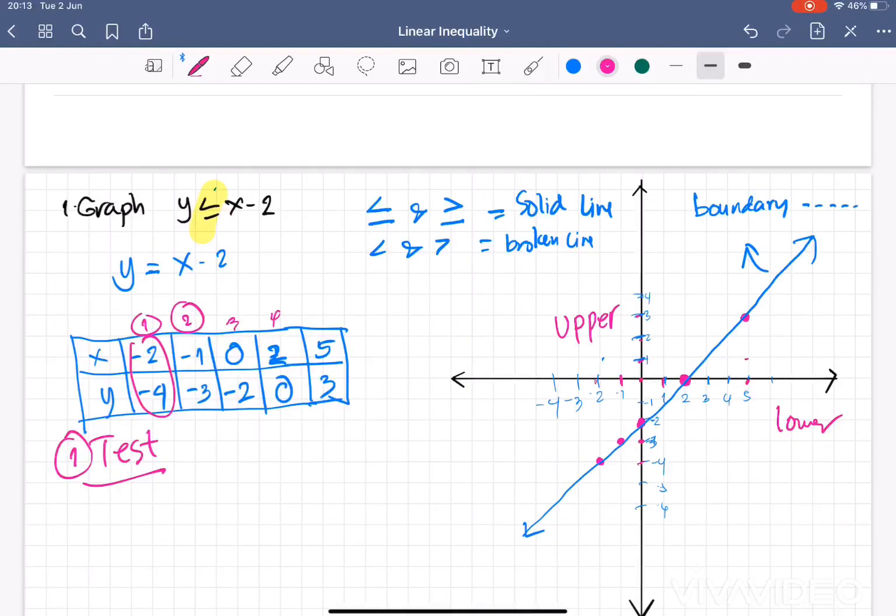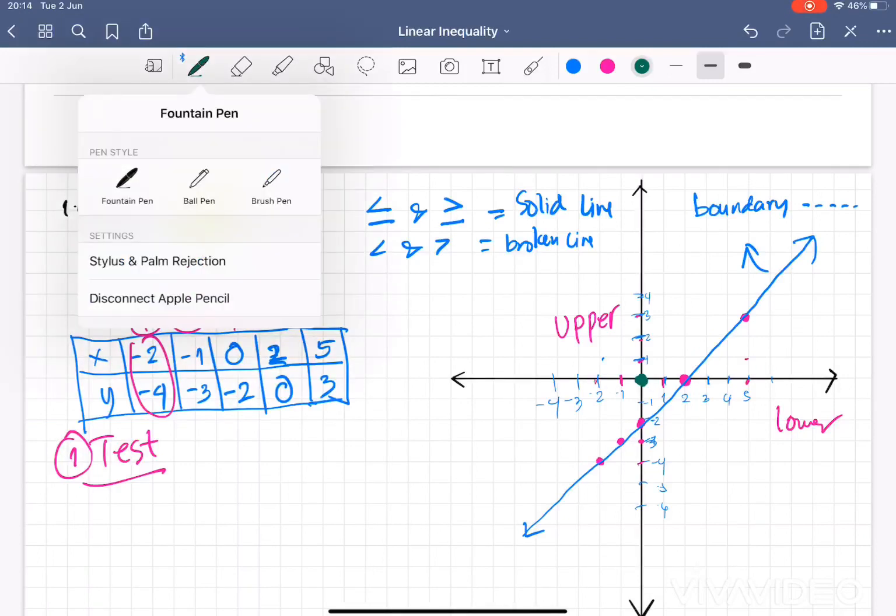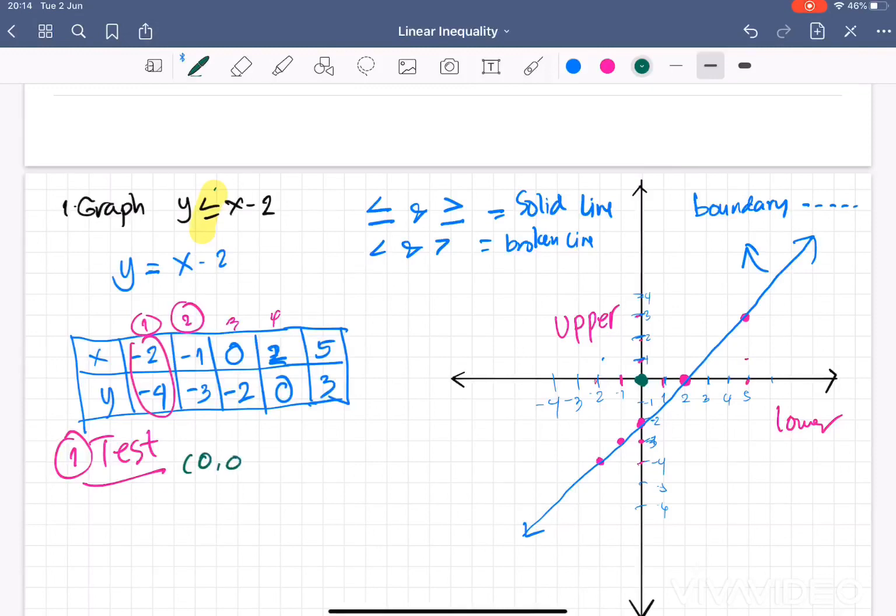So you pick any ordered pair that belongs to the upper region, or to the left side of the boundary line. So let's say this point, which is actually the origin. The origin belongs to the upper region. So we will use 0, 0, meaning x is 0, y is 0.